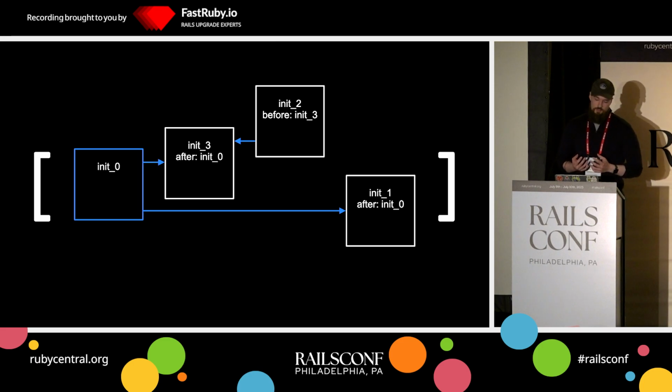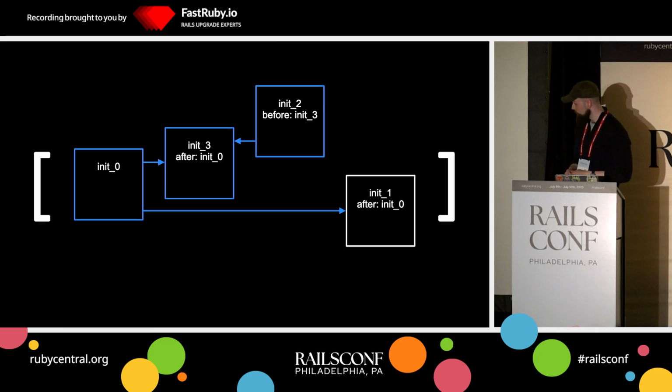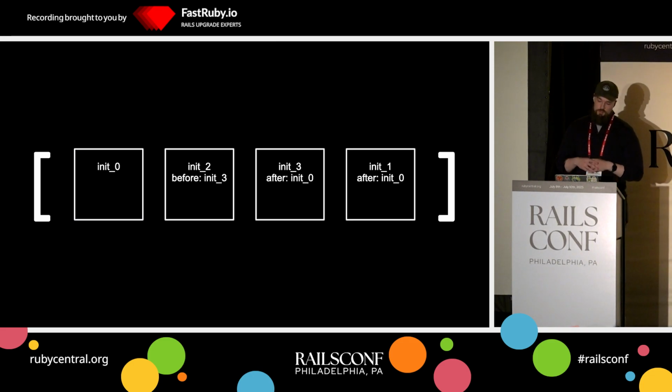With our objects graphed, we can iterate through them, starting with init 0, and then init 3, but because init 2 needs to run before init 3, we'll return init 2 next as a sort, and then init 3 comes next, and then finally init 1 at the end. So the resolved sorted order is 0, 2, 3, 1. You can test this in a Rails application yourself. The result will be the same.